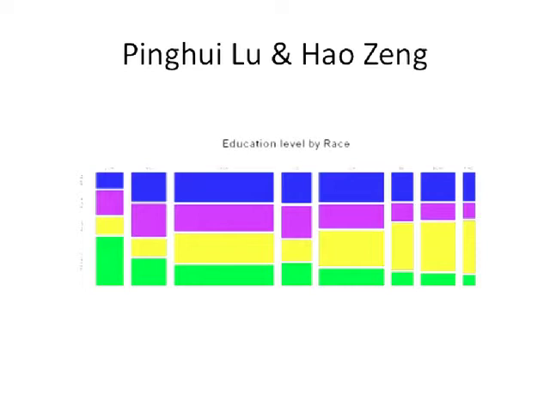But then it becomes, you can't read that on the projection, but the bottom green color is Hispanic, and you can see that they're disproportionately represented in the lowest education level bracket. And the top is white, and you can see that they gradually get more represented as education level increases. Yes?